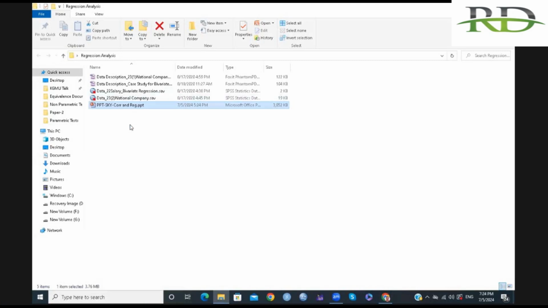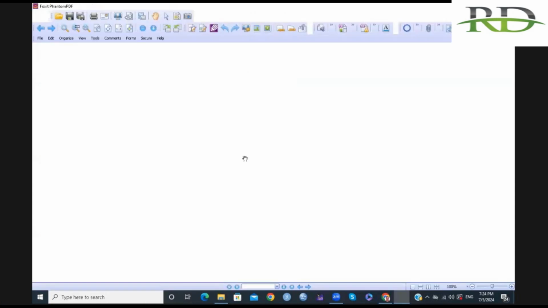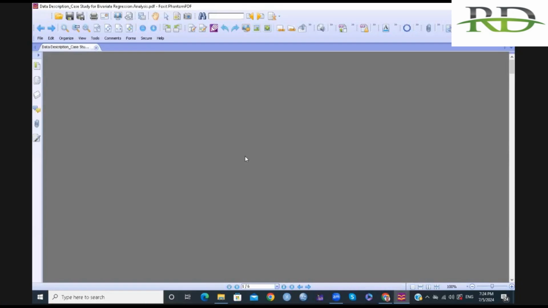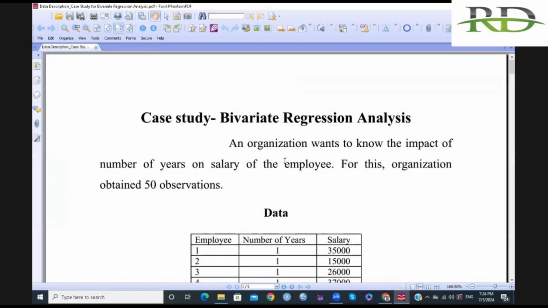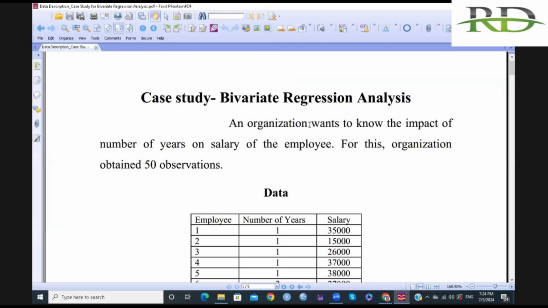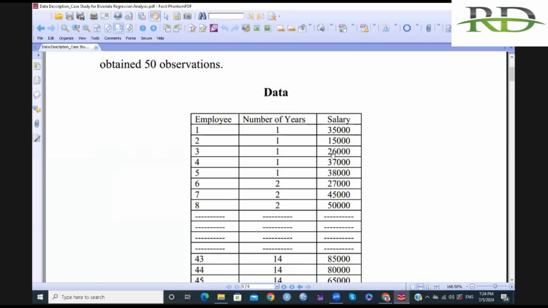We have the data description here, bivariate and multivariate regression. So we'll consider the case. Bivariate means two variables only, one dependent and one independent variable.